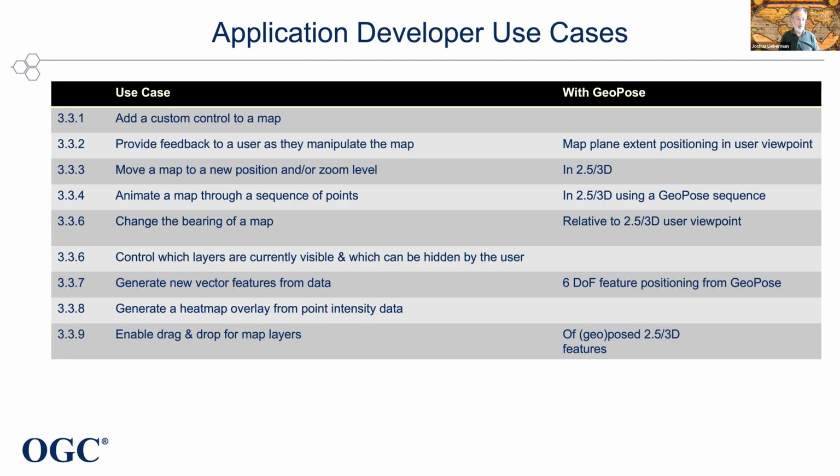So here, for example, the ability to provide feedback to users as they manipulate the map. So the ability to show where that map plane and the map viewpoint is positioned, for example, in the user viewpoint, so that you know where am I looking at in the larger context, but in 3D. Moving the map to a new position or zoom level.